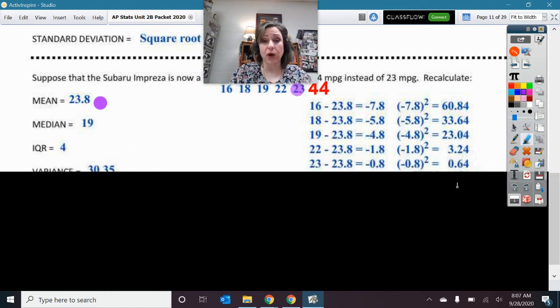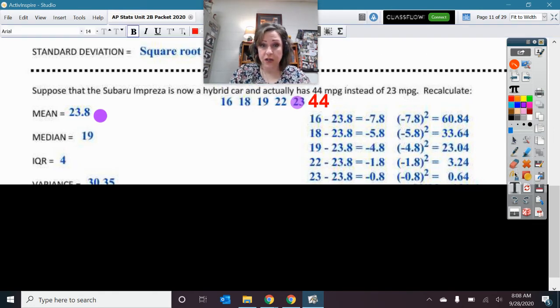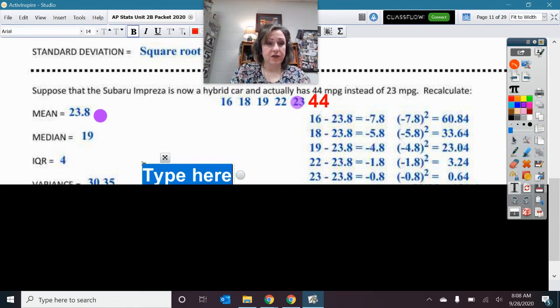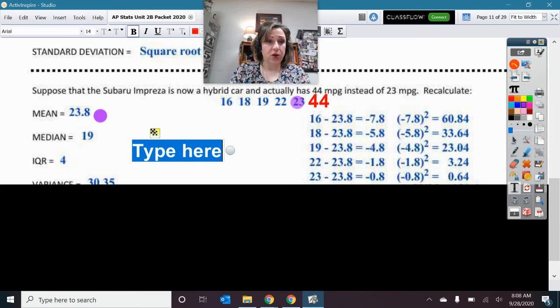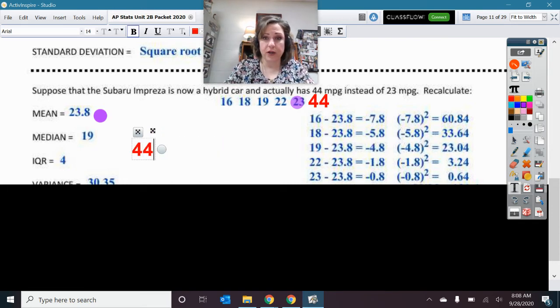And here's the one that I did wrong, so let's fix it while we're at it. I should do 44 minus 23.8, which is 20.2. So this line should be corrected as 44 minus 23.8 equals 20.2.